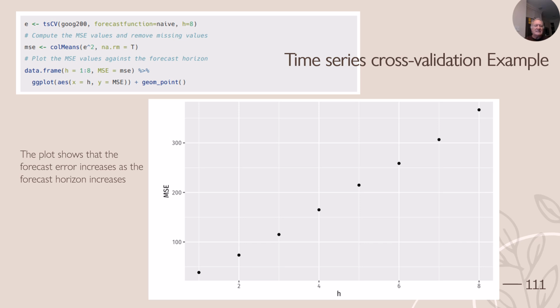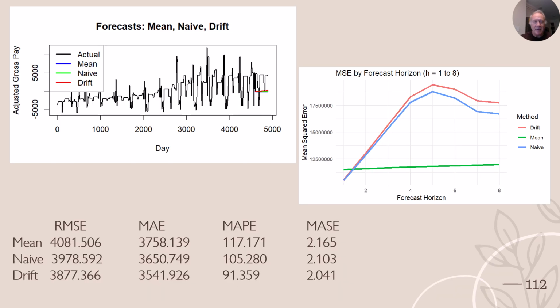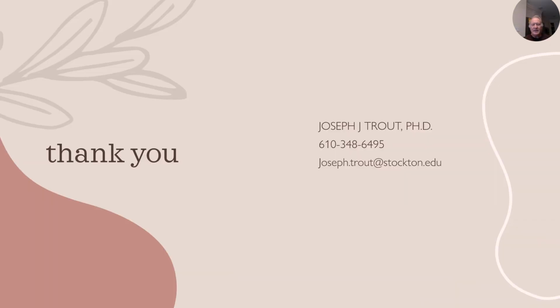This plot shows that the forecast error increases as the forecast horizon increases, which isn't surprising. The further we predict into the future, the more uncertain our prediction becomes. And here are some of the errors using this cross-validation. Okay, thank you.